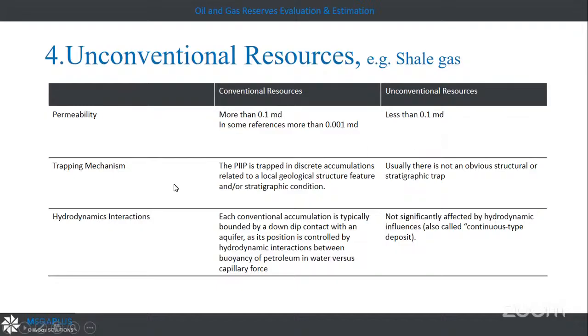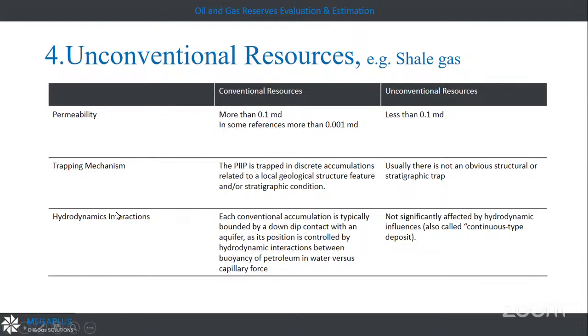For the trapping mechanism, in conventional we must have a trap, a structure like a fault, dome, or stratigraphic trap. But in unconventional, it's not so. We can deal with no obvious structure or stratigraphic trap because it's trapped in the pores without any structural configuration.